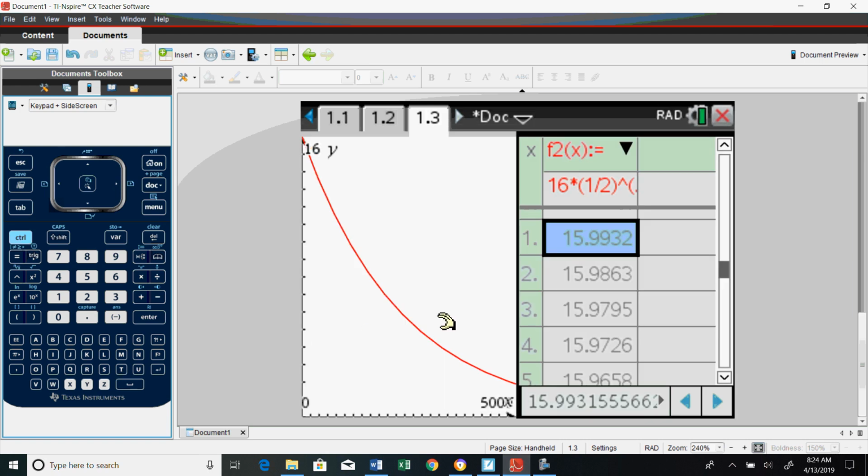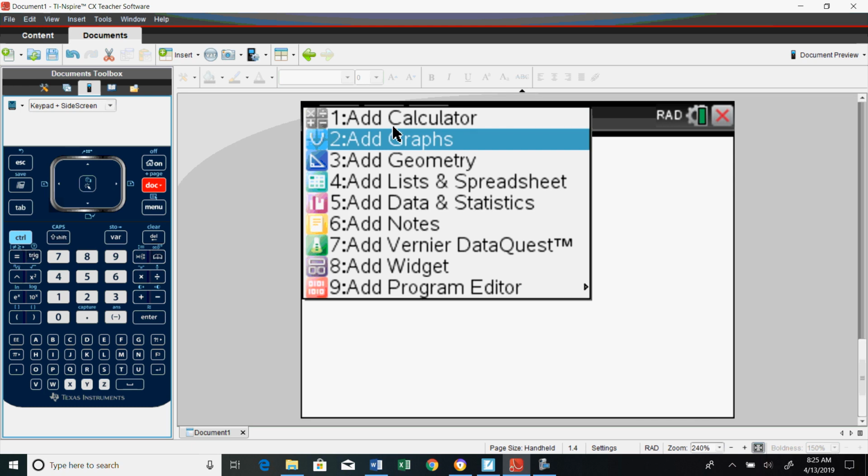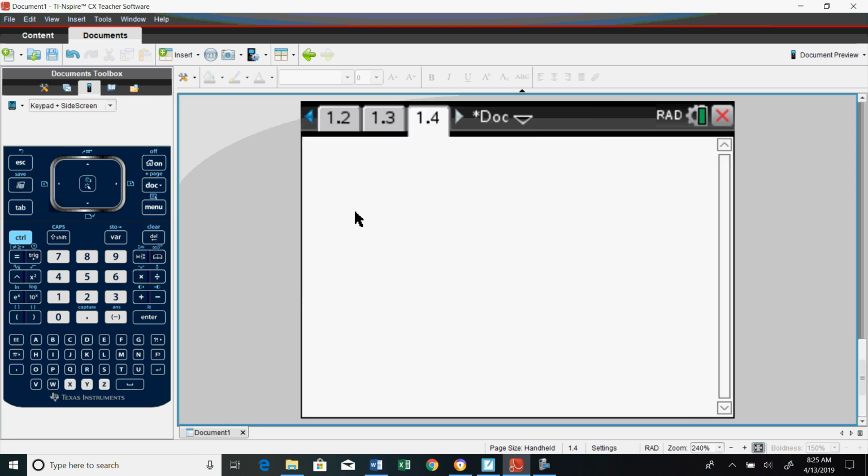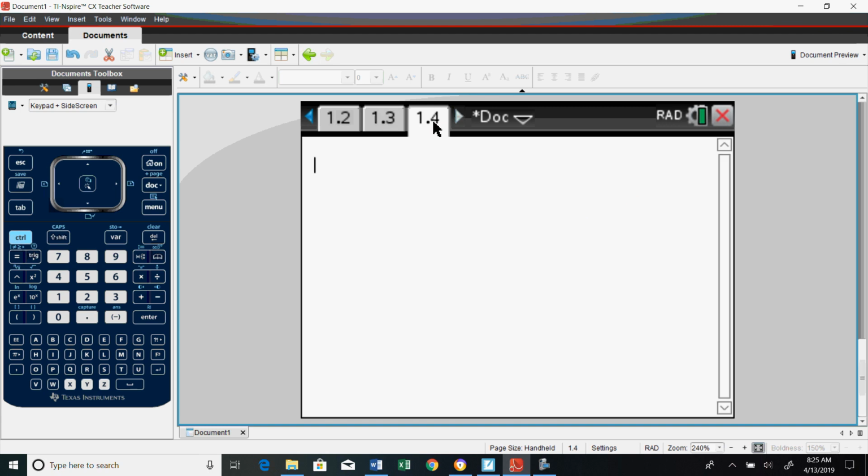Actually, I probably wouldn't do that. Let's see what we can do. Let's go back to Control T again, get rid of this. I would actually maybe go to a calculator page. If I go to a calculator page and I just type in, what was this? This was F2. So if I just type in F2 of, and put a parentheses, F2 of, let's say, 0.